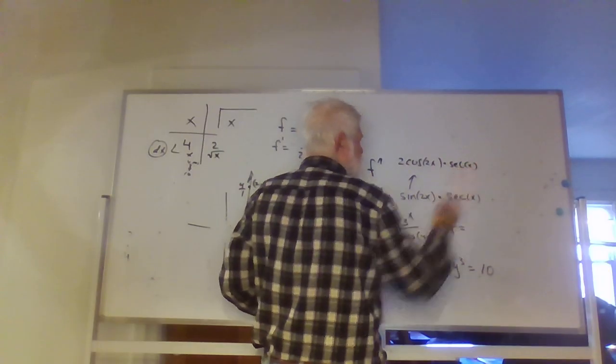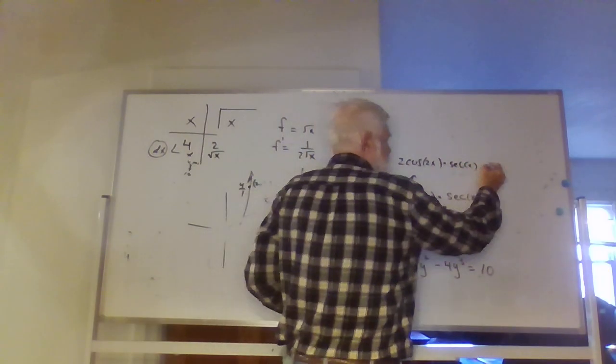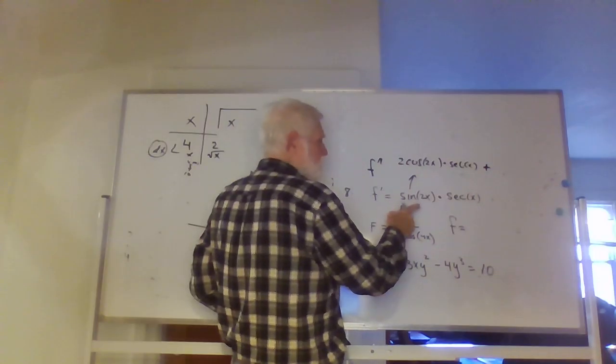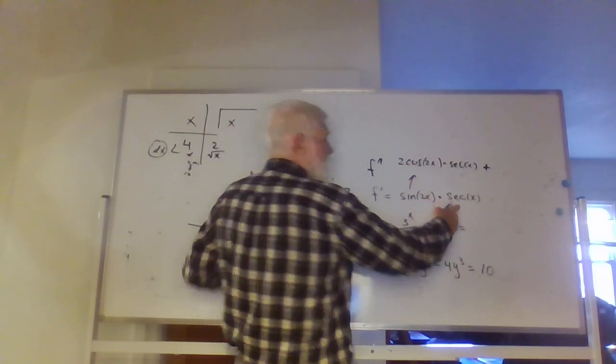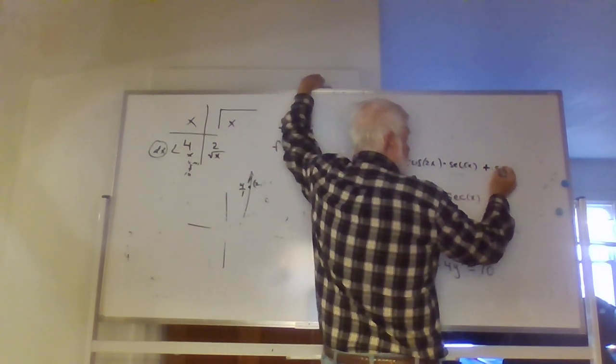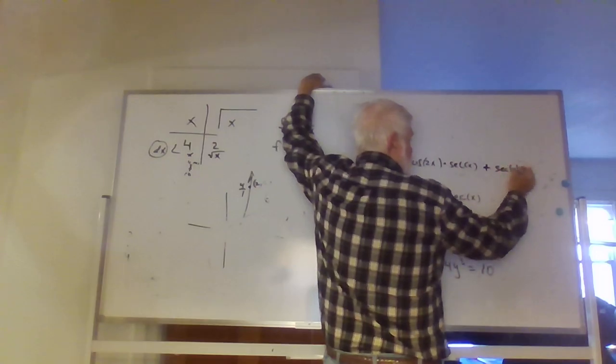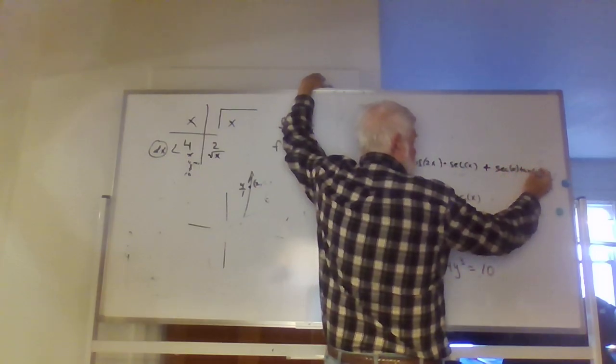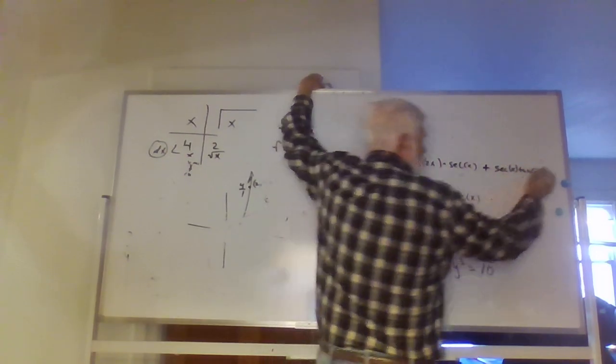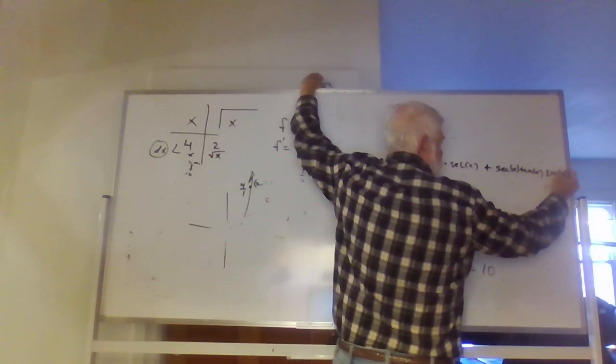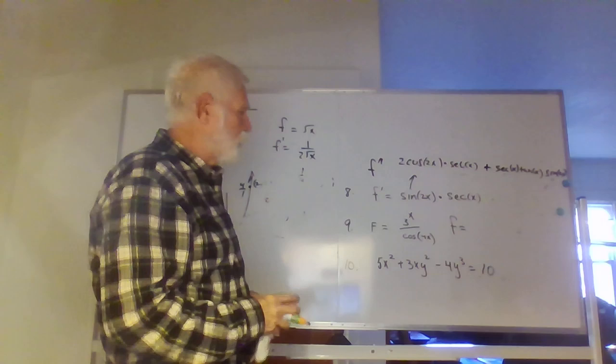And then I have to leave the first one alone, but take the derivative of secant x, which is, we just did it, secant x tangent x, and leave the first one alone, sine of 2x. You can go to the playlist and look at why the product rule works.